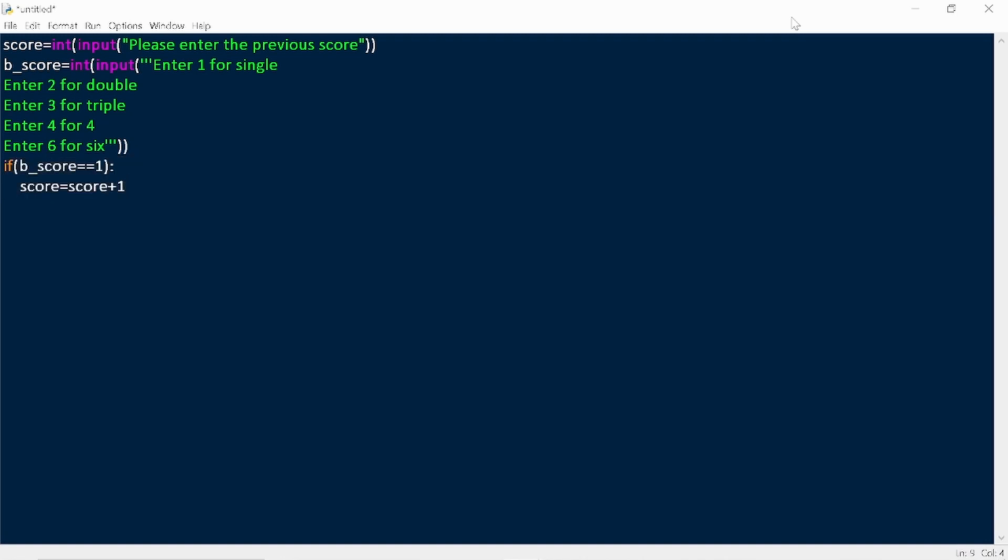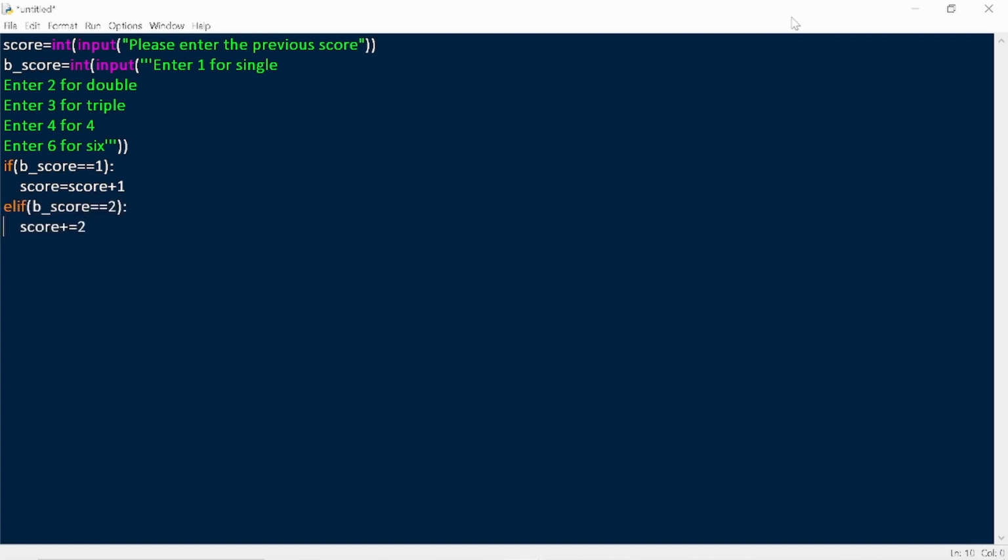Let me write an if: if b_score is equal to 1, then score plus equal to 1. Basically, score plus equal to means that score is equal to score plus 1.